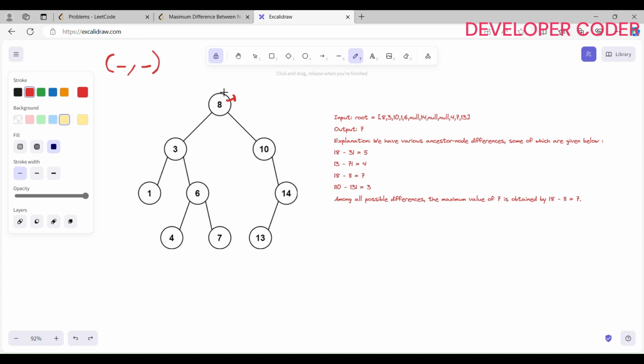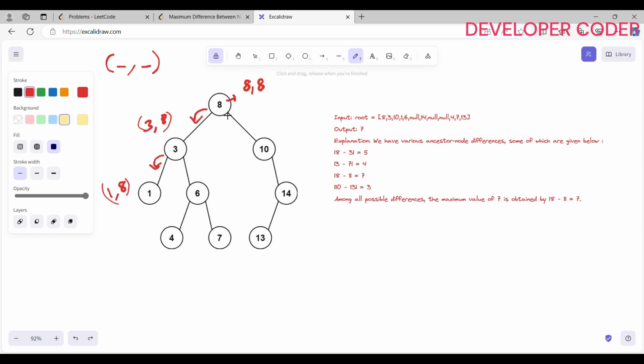I am storing the minimum first, and next the maximum. For this node both minimum and maximum are 8, 8. Then we go to the left side, and our minimum is 3 and maximum is 8. Then we go to its left, and our minimum becomes 1 and our max stays 8.